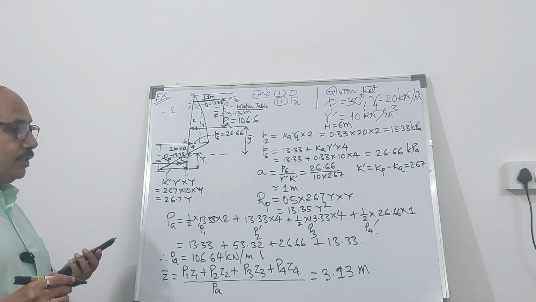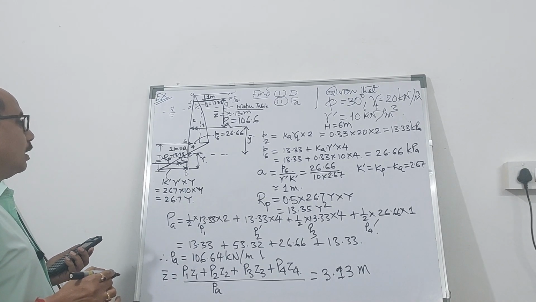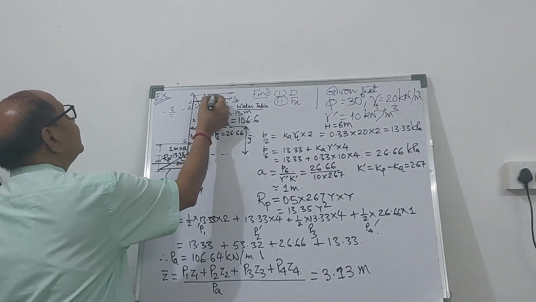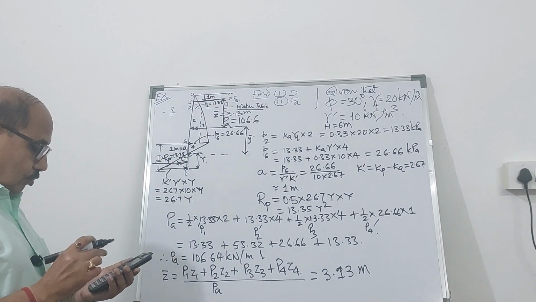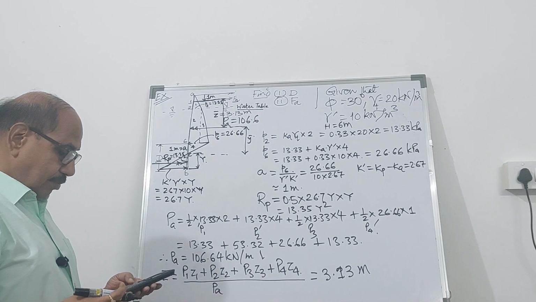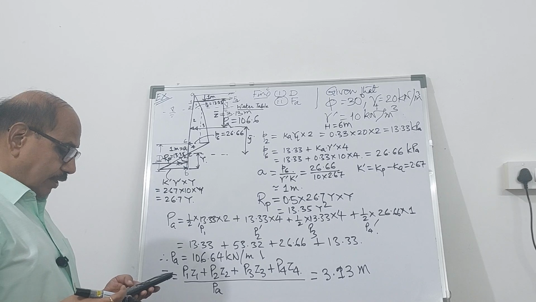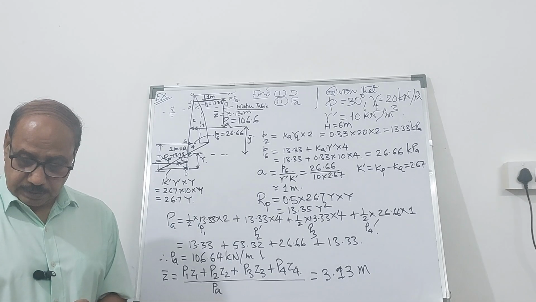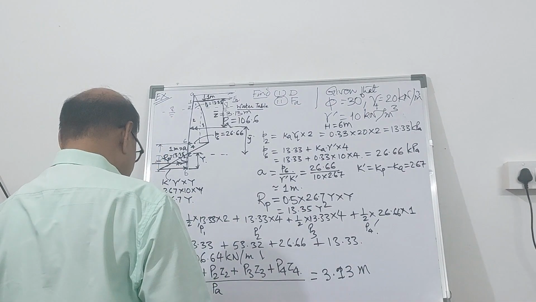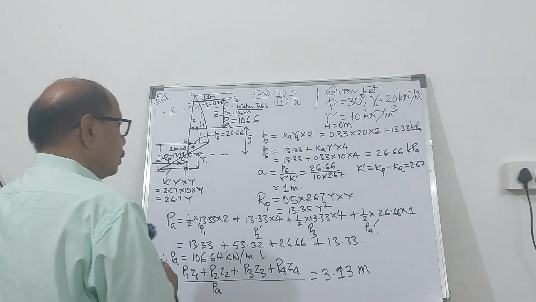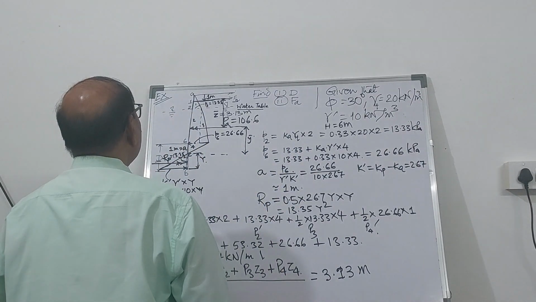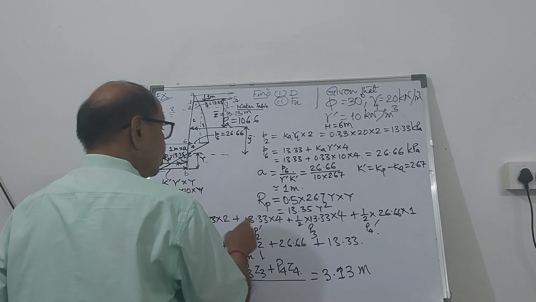Now what you can do is to take the moment of all the forces about the anchor rod. So algebraic sum of all the forces about the anchor rod equated to 0, and that will give you the value of Y. So now what we need to do is, RP is already known to us.